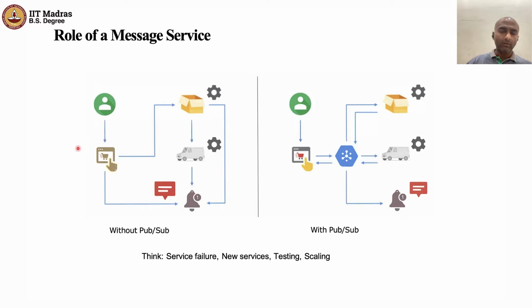It's the user who's actually clicking through. So when this message comes to the packaging service to say package the shoe, if that messaging fails or if that service fails, you can't really go back to the user and say, hey, can you click again, right?